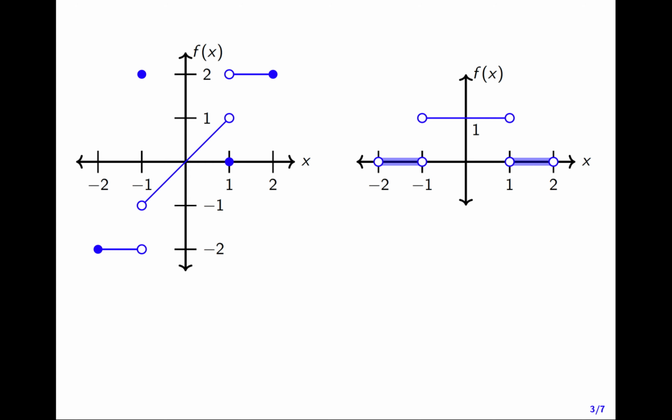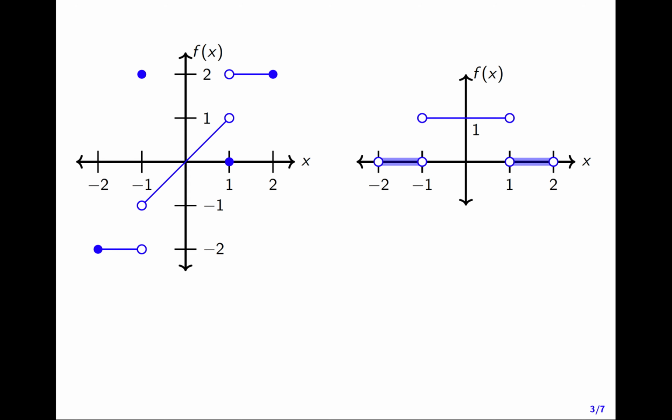Here's another picture. So I'm going to start on the left with the function f of x, and on the right I have its derivative f prime of x. I should have a prime at the top, sorry. So let's look at f of x. f is now discontinuous. So I go at the value minus 2 in the interval minus 2 to minus 1, and then I shoot up to a not exactly horizontal line, looks like f of x equals x between minus 1 and 1, and then I shoot up to another constant on the interval 1 to 2.